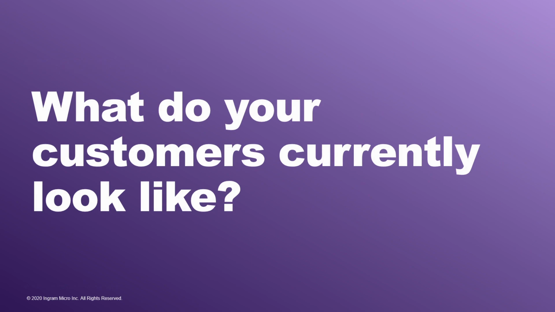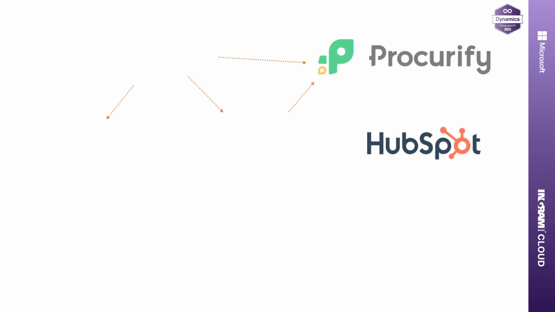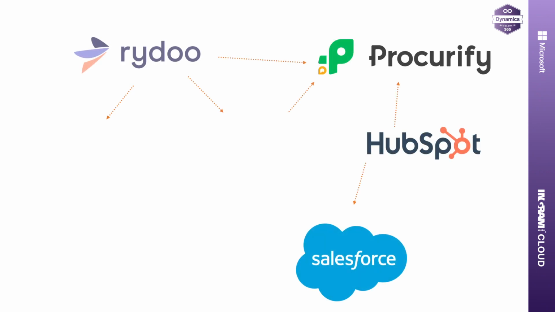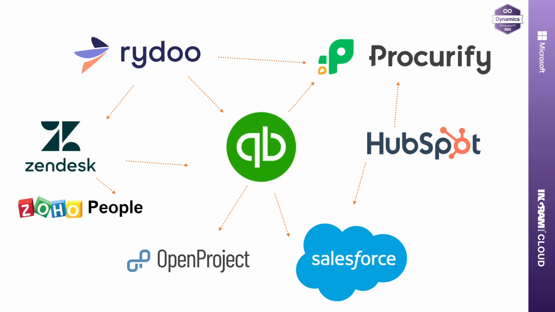I always like to start by looking at what your current customers look like today. You can see here that all these applications, and I'm not saying there's anything wrong with them, don't talk to one another. They're not integrated.